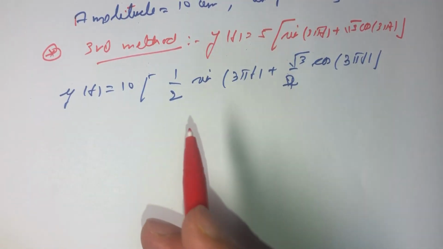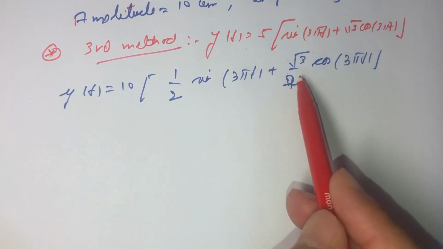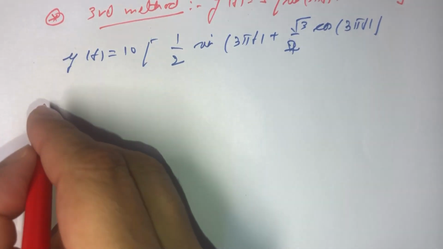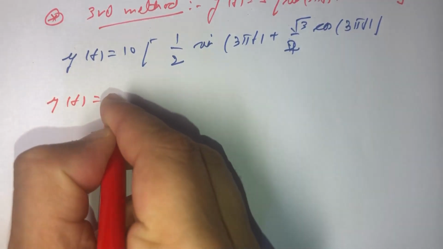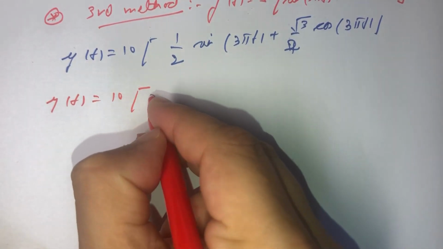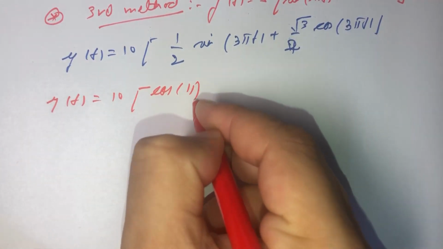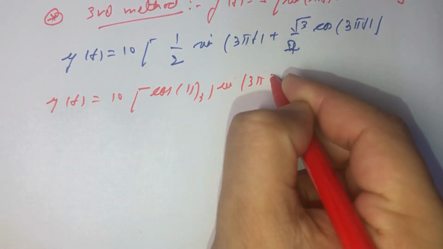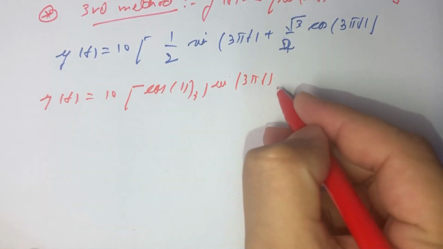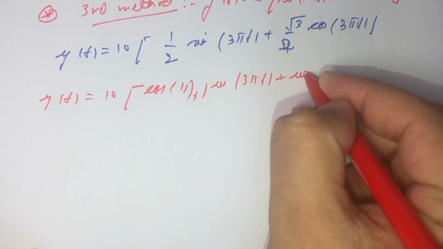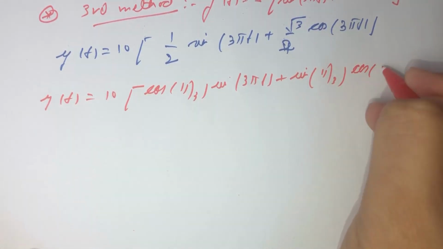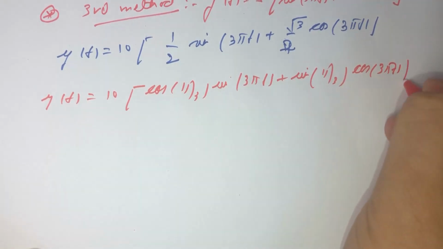We know 1/2 is cos π/3, and √3/2 is sin π/3. So we can write y(t) = 10 [cos π/3 sin 3πt + sin π/3 cos 3πt].